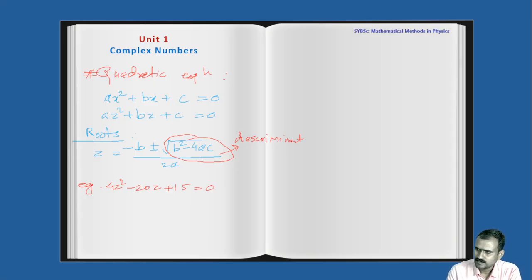So the discriminant value is b² - 4ac. Taking the value of b as 20, 20² is 400, minus 4 into the value of a, which is 4 into 15. So we get the discriminant value 160, which is positive.